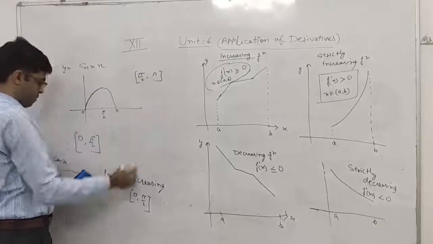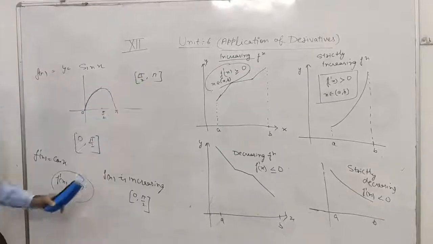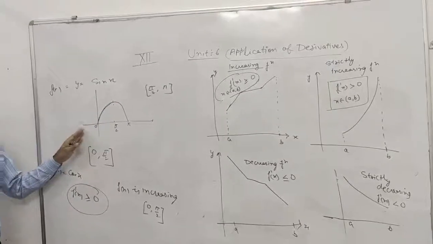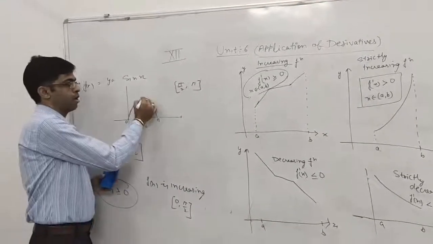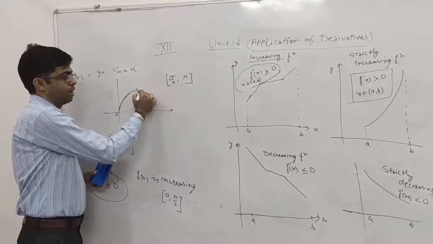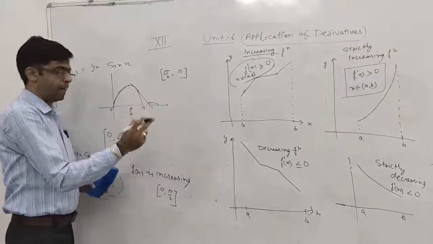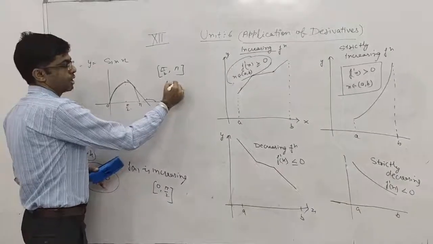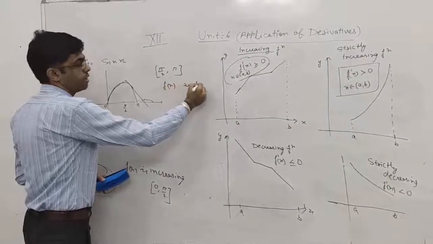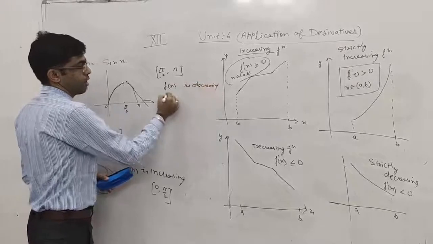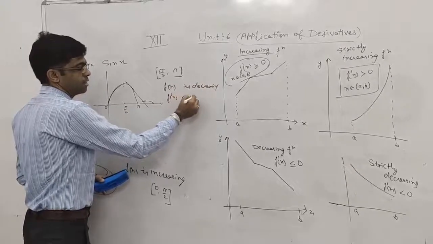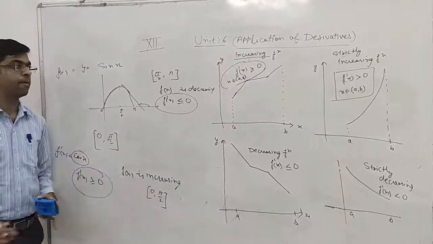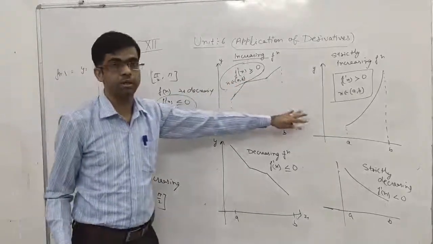This is 90 to 180, if we are taking this close interval तो it can be 0 भी आएगा इस पॉइंट पे, और उसके बाद क्या आएगा, slope will be negative, this cos x function will be negative, so this function f x is decreasing, और decreasing की कंडीशन क्या रहेगी, f dash x is less than equals to 0. Here f dash x is greater than equals to 0, increasing.